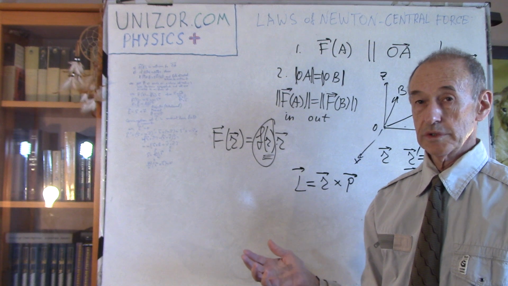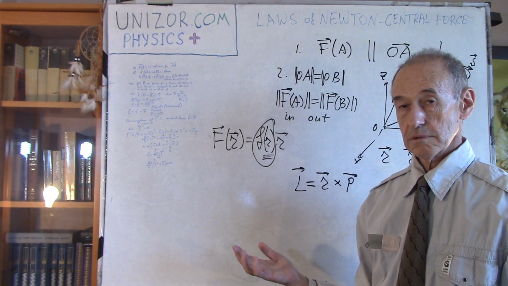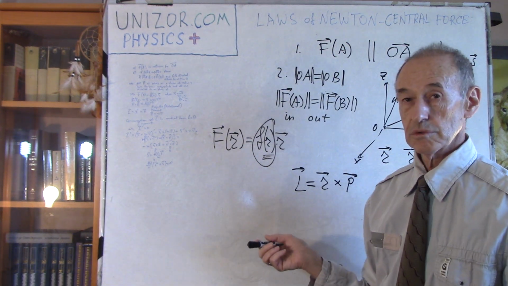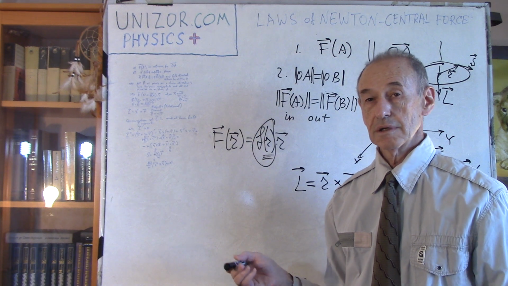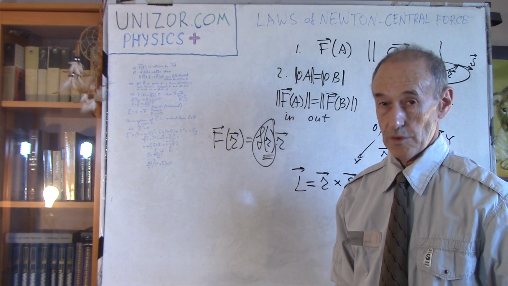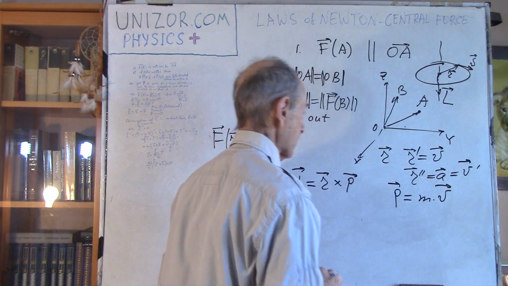And how can I prove it? How can I prove that some function is constant? Well, I just have to differentiate it and see that the first derivative is equal to 0, right? Okay. So let's differentiate it.